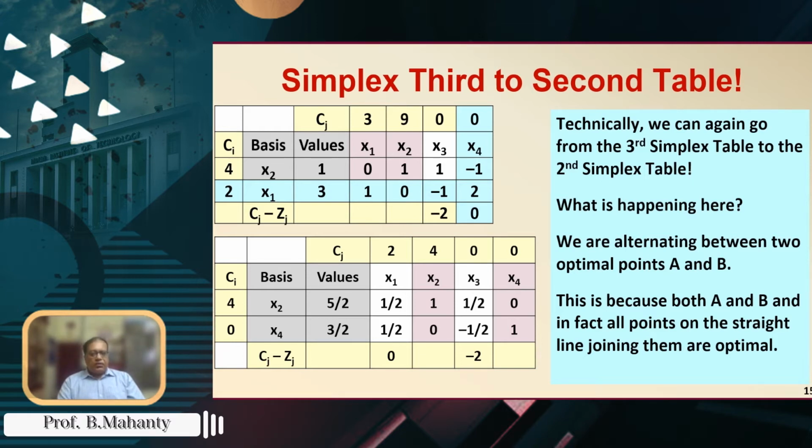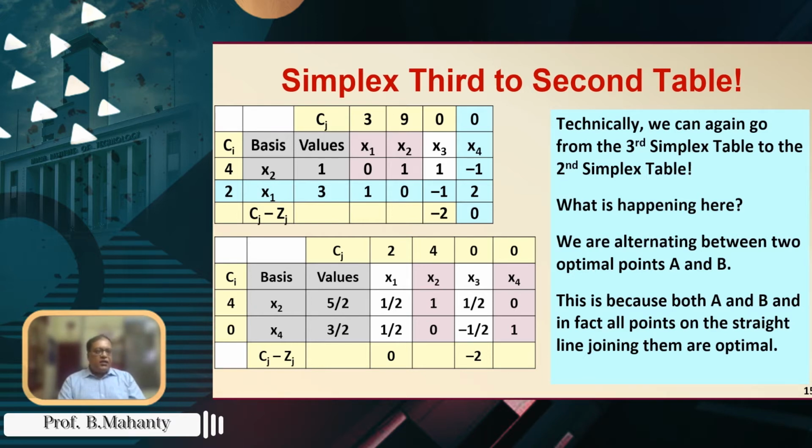Whether all points joining them are optimal or not would not be returned by simplex. That we have to interpret, because the profit line is parallel to one of the bounding constraint lines, of which A and B are two different points.